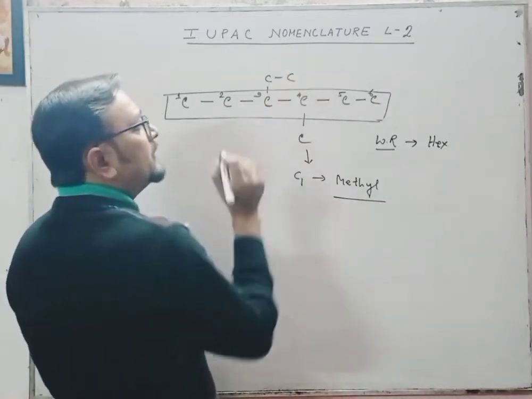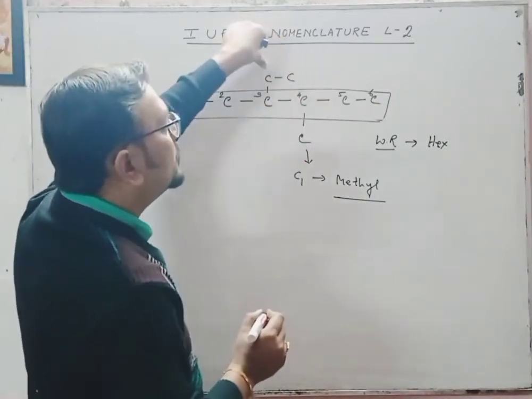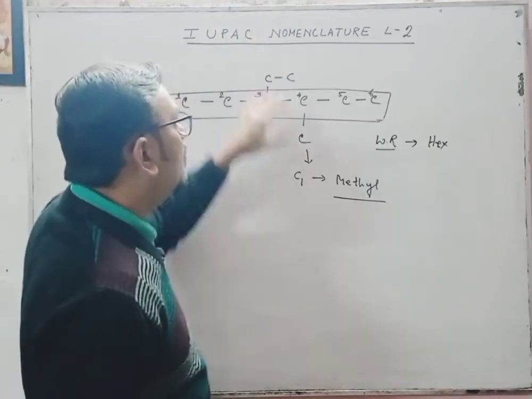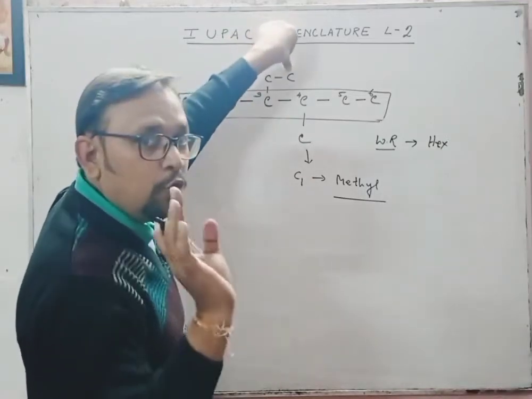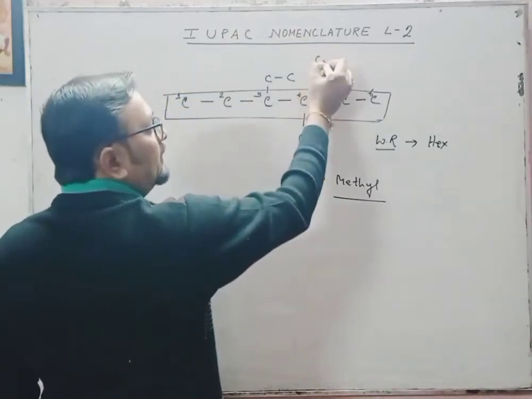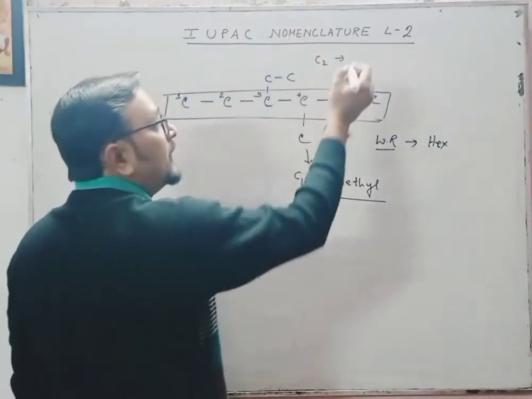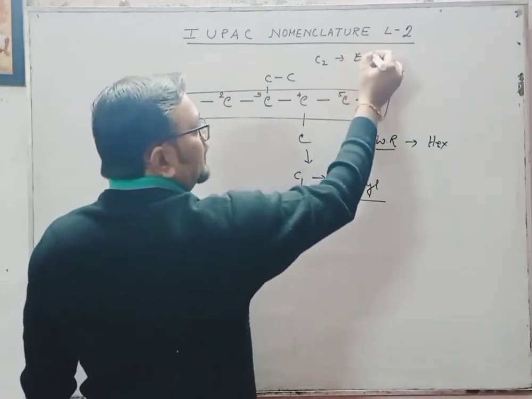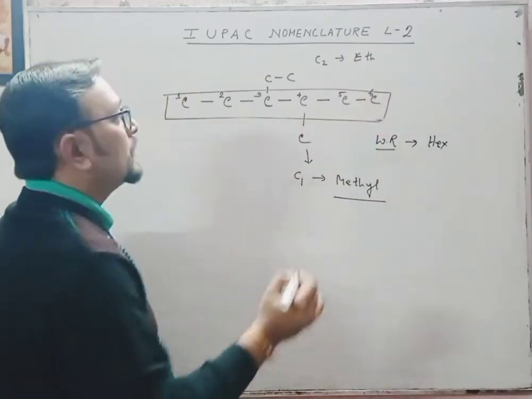Now what is the name of this substituent? How many carbons are there in this substituent? 1, 2. Two carbons are there. So what is the word root we are getting? For C2 we get eth.